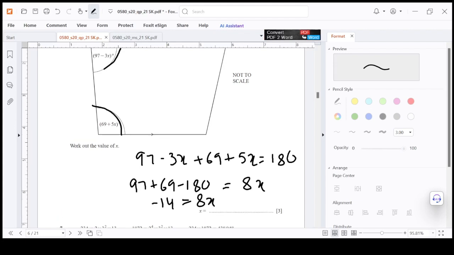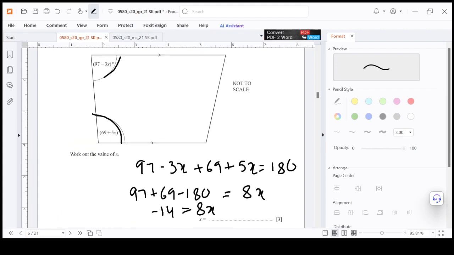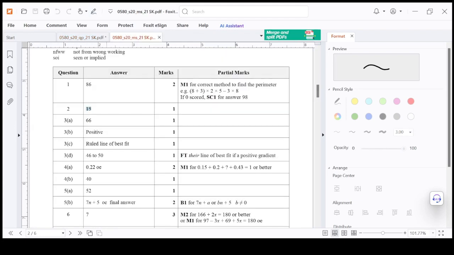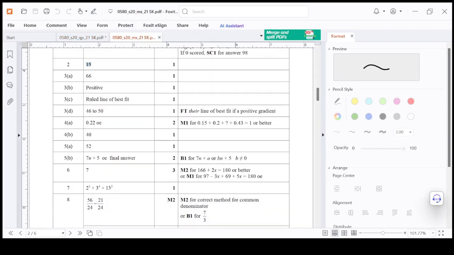Let me confirm. Did I mess up anywhere? Okay, looks good. So x is coming out to be a negative value. x comes out to be minus 14 by 8, which is minus 7 by 4. Let's check. That's actually supposed to be 7.